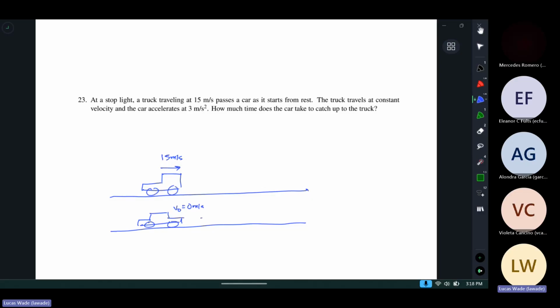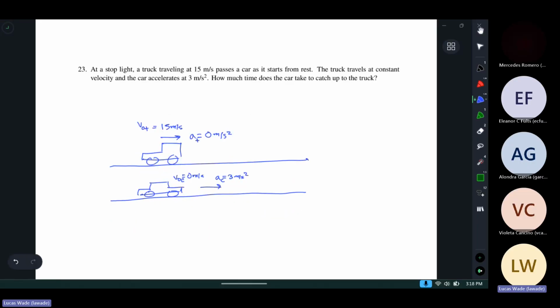The car accelerates at 3 meters per second per second. So this one has 0 acceleration. Maybe I'll start adding some labels. So this is V initial truck, A truck, V initial car, and A car. How long does it take for the car to catch up to the truck?